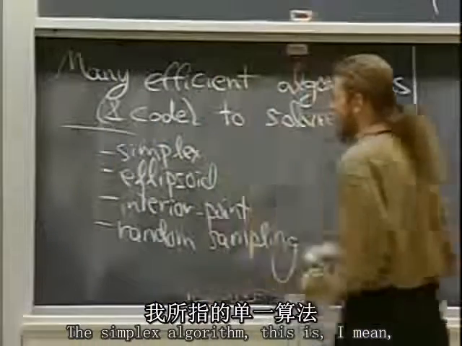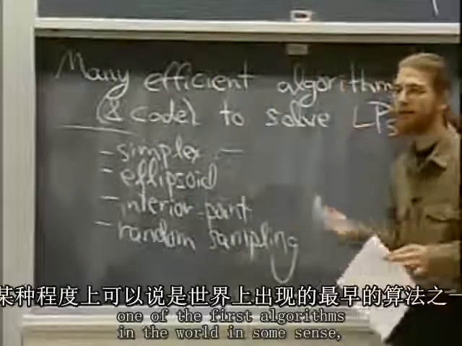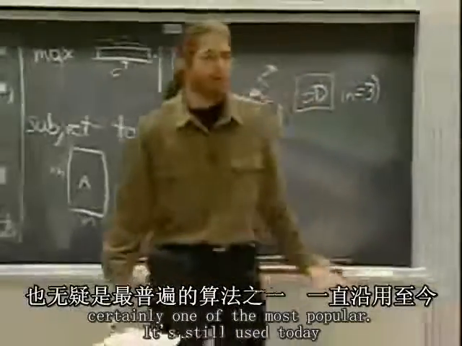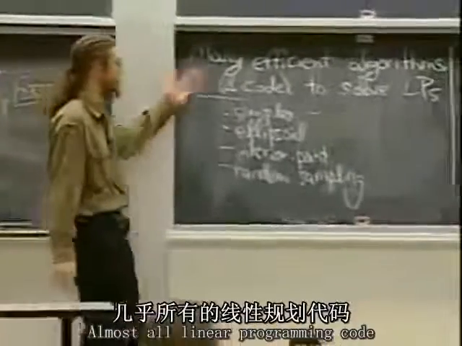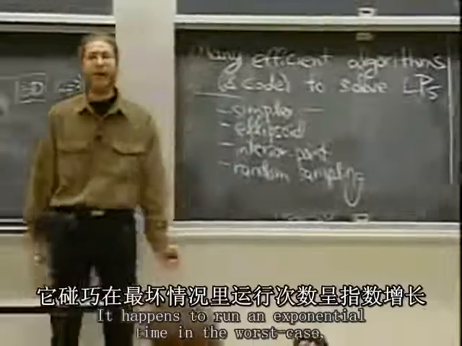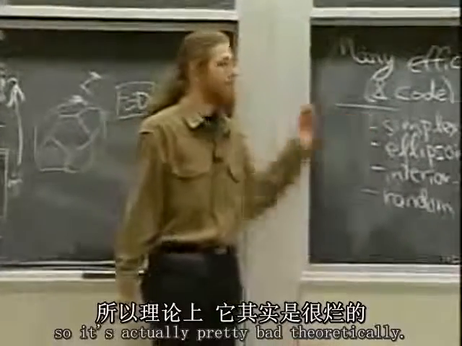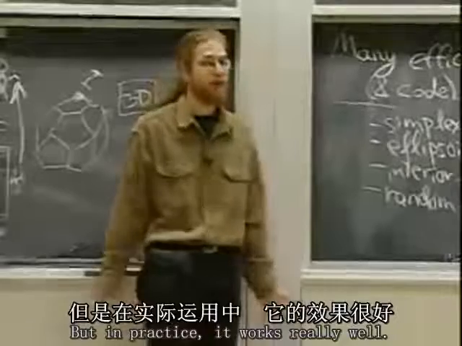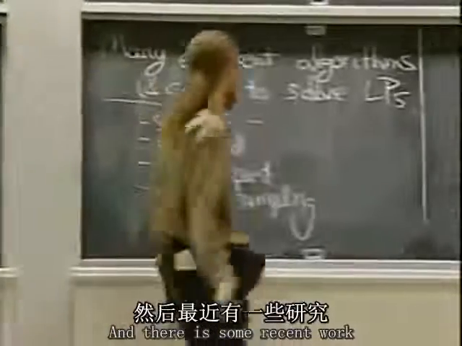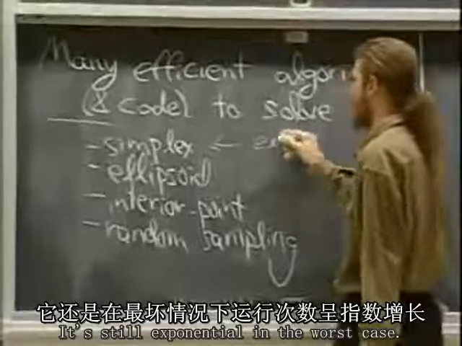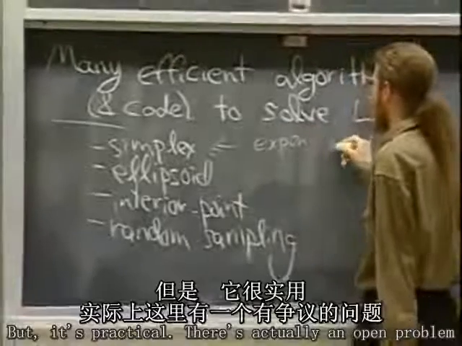The simplex algorithm is one of the first algorithms in the world in some sense, certainly one of the most popular. It's still used today. Almost all linear programming code uses the simplex algorithm. It happens to run in exponential time in the worst case, so it's actually pretty bad theoretically. But in practice, it works really well. There's some recent work that tries to understand this, but still exponential in the worst case.